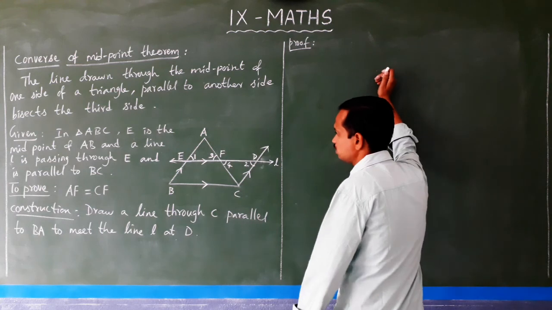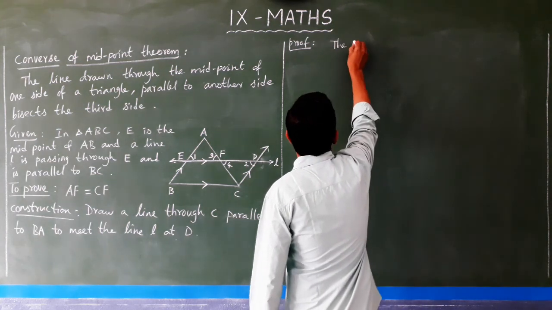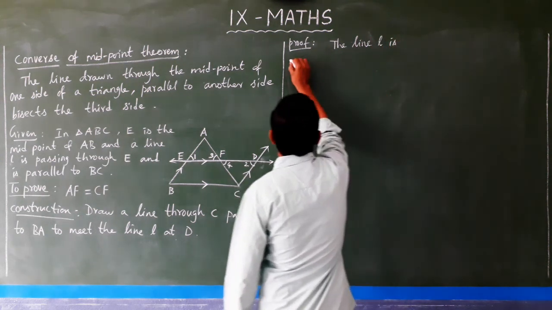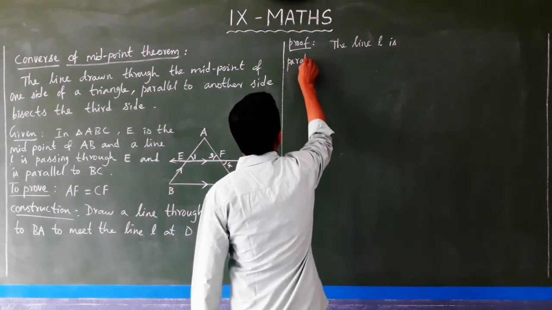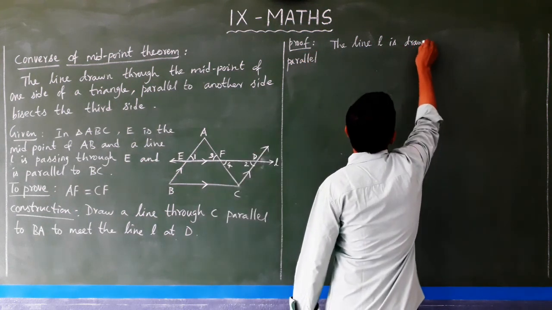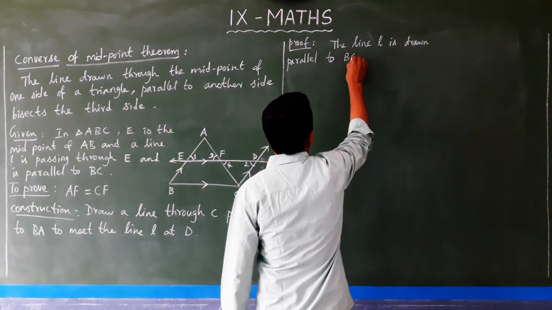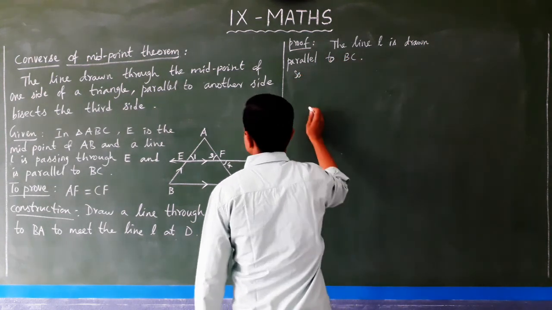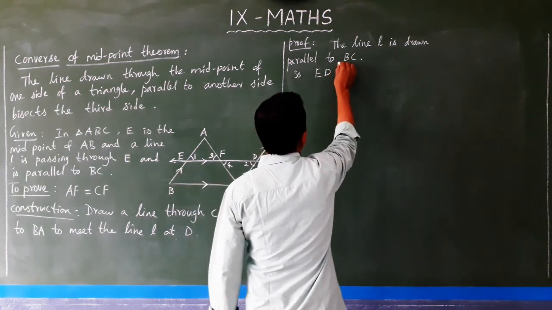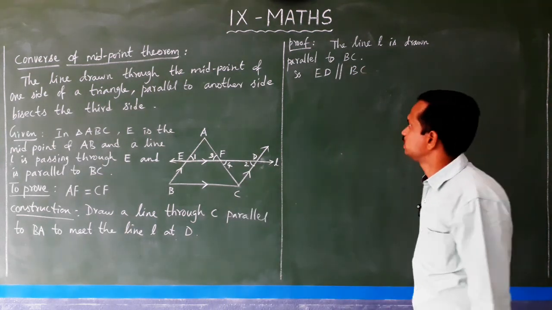So we can have that the line L is drawn parallel to BC. So EB parallel to BC.